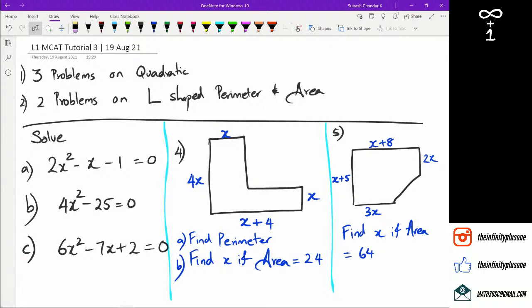I just realized I put A, B, C. Maybe I should have done 1, 2, 3. We'll do 3 simple problems on quadratics, and then 2 of those L-shaped questions, which end up being like excellence.